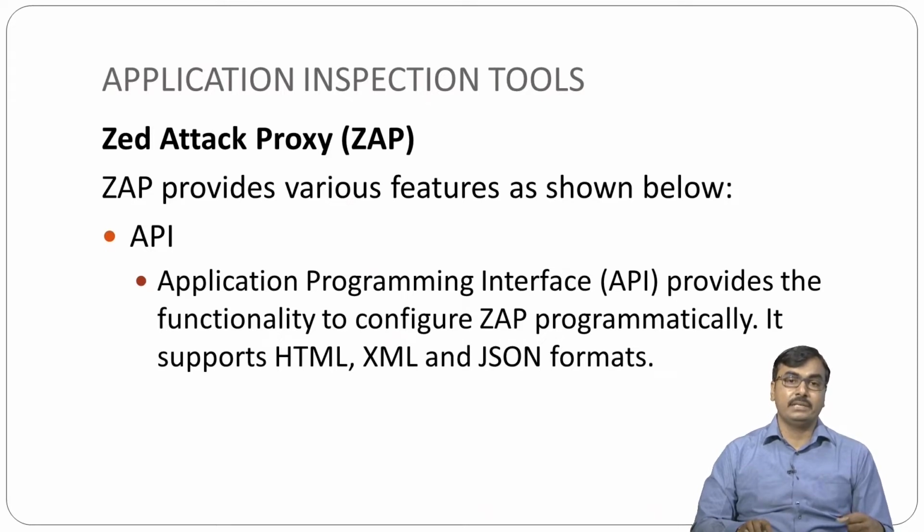So, API provides the functionality to configure ZAP programmatically. It supports HTML, XML and JSON format. So, these are the various formats through which API can get the data.